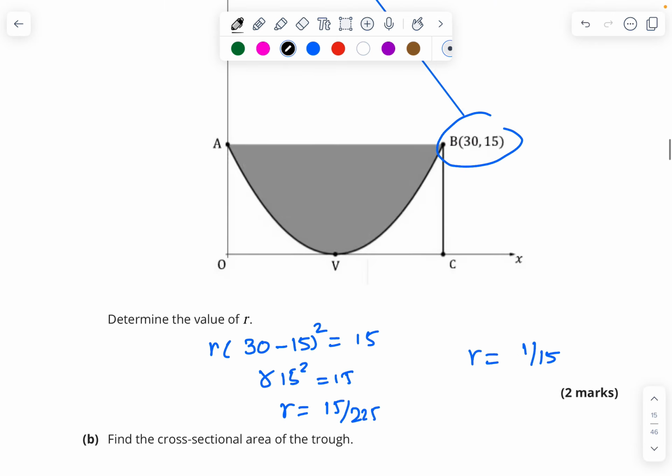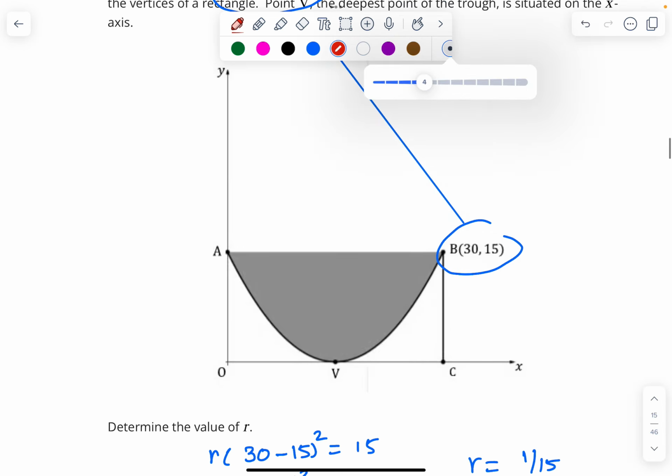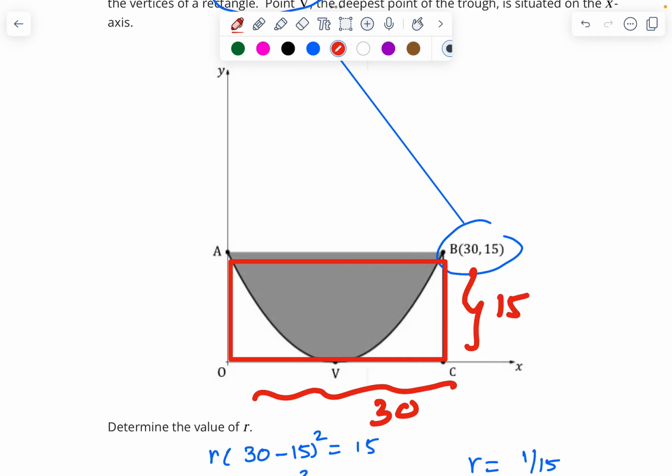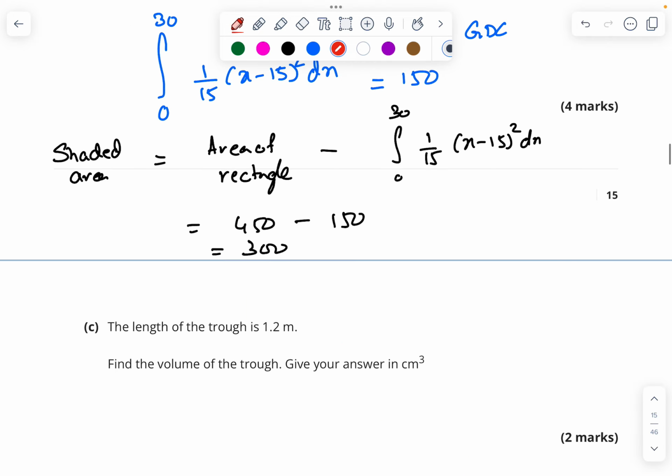Area for rectangle, you can see that this is a rectangle, and this part is 30, and this part is 15. So which is nothing but 30 times 15, which is 450.